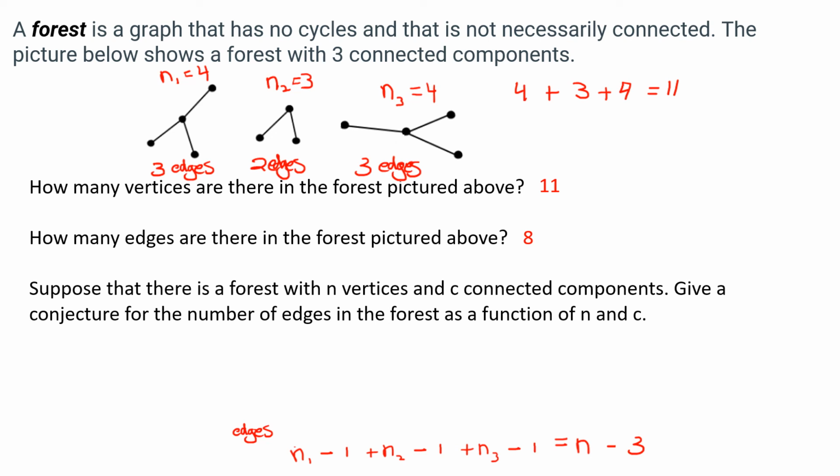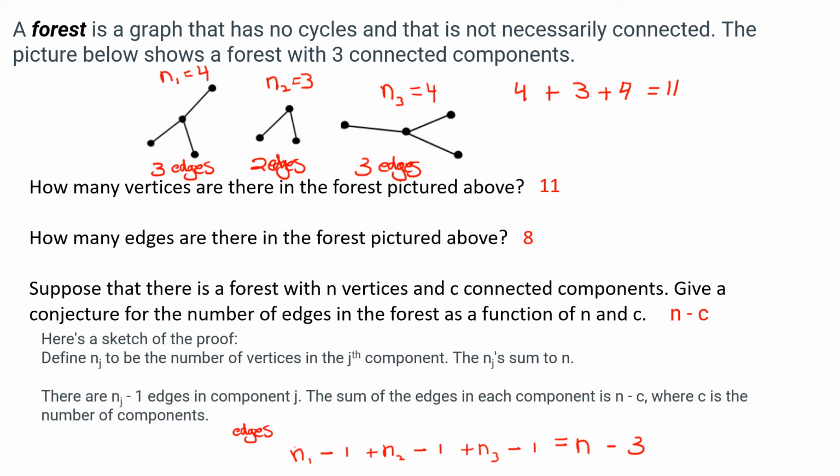So subtract 1 and then do it again, do that c times, which is equivalent to subtracting the number c. So we might guess that the number of edges in a forest as a function of n and c would be n minus c. Again, because n is the number of vertices and we had to subtract 1 for each tree to get the number of edges. So it's n minus c.